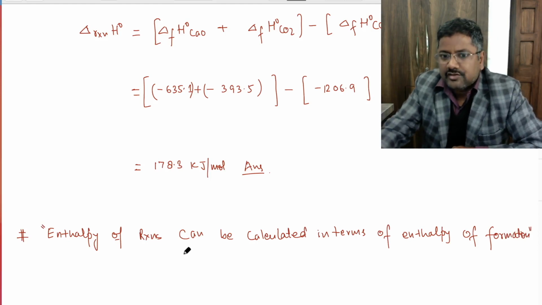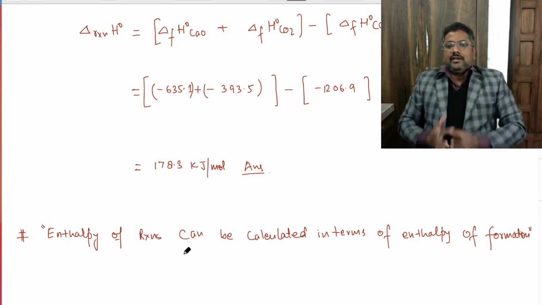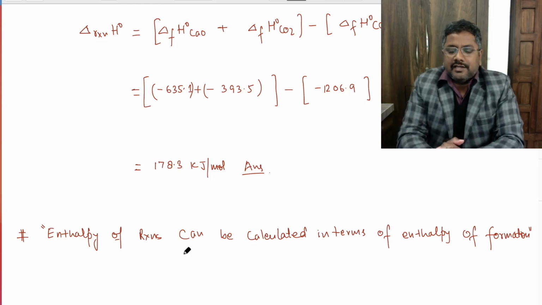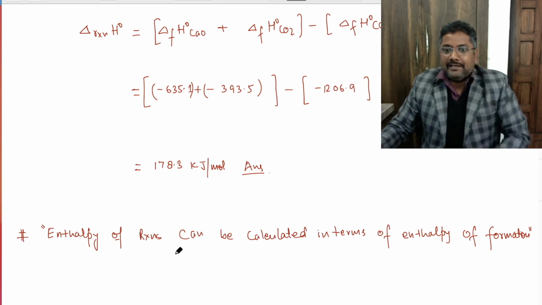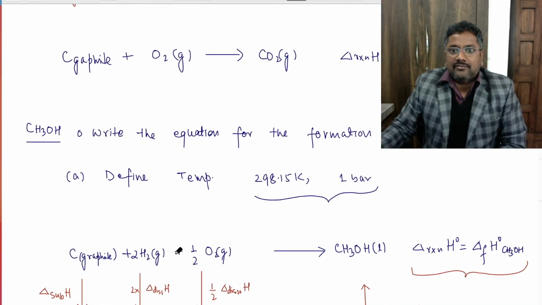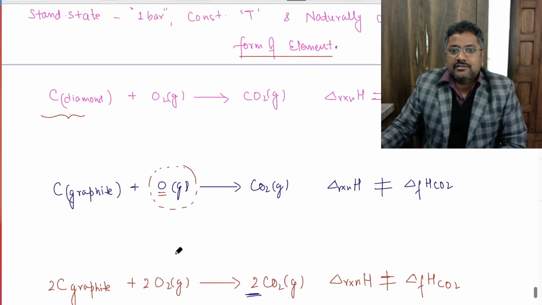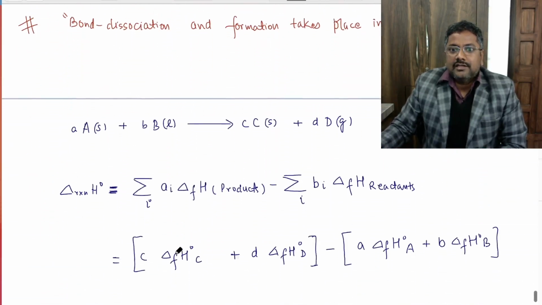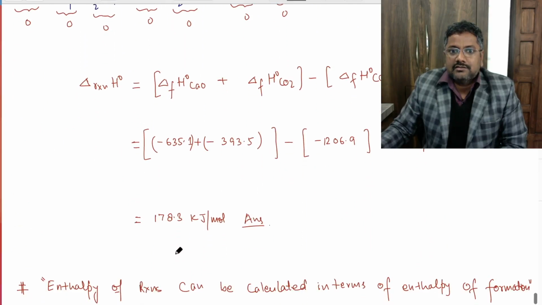Because enthalpy of formation is always shown from its constituent elements in their naturally occurring most stable form, and in that form the enthalpy change is taken to be 0. So you can calculate the enthalpy change of any kind of reaction in terms of enthalpy of formation, right? Good. So hopefully all of you are clear in this regard. Okay.